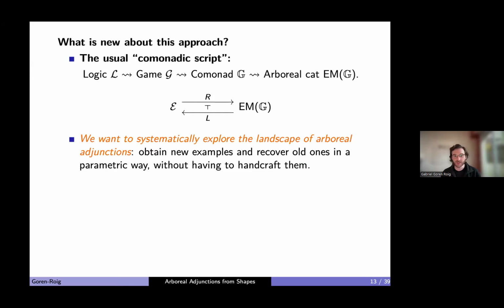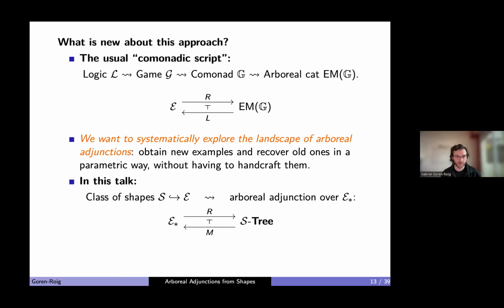Now, the new thing, or the problem, it's not necessarily a problem, but the weak spot of this is that it's not very systematic. We would like to explore this landscape of adjunctions in a way that at least gives us some machinery to obtain new examples without having to handcraft them. That is what we're trying to do here.